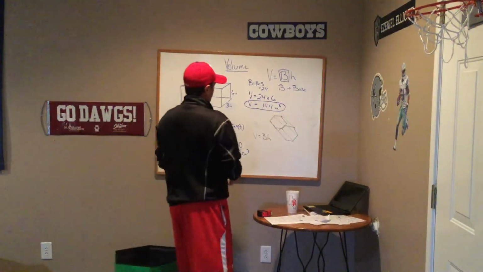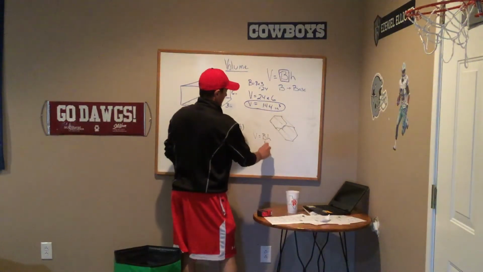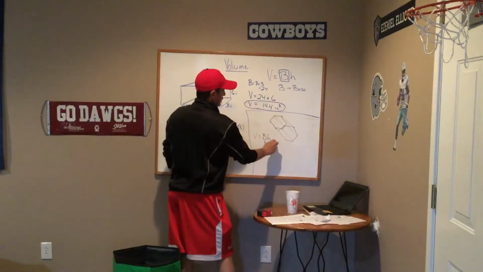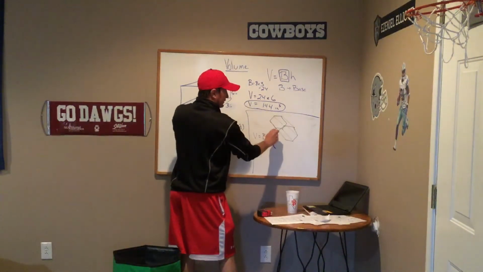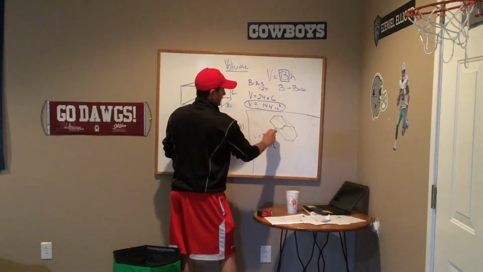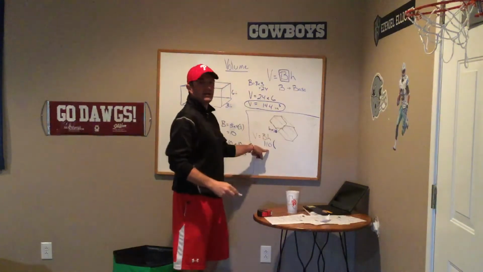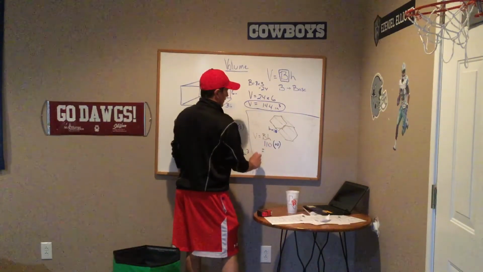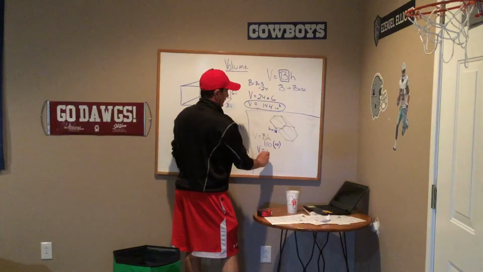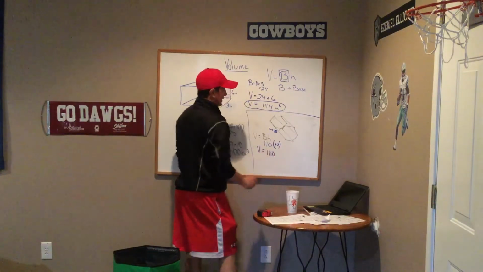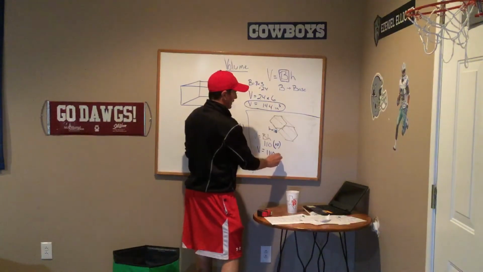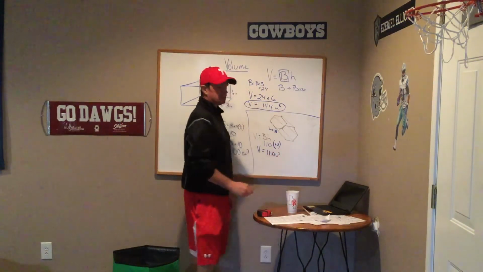So if this was the case, and I said the base was 110, and the height was 10, all you're going to have to do is take 110 times 10. And as we know, that's just going to be 1,100. And again, that would be whatever your unit would be, cubed.